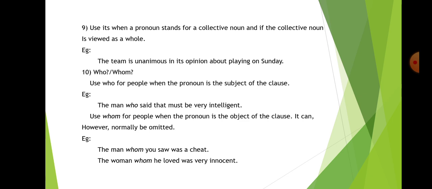Next, who or whom. Use who for people when the pronoun is the subject of the clause. For example, the man who said that must be very intelligent. Use whom for people when the pronoun is the object of the clause.